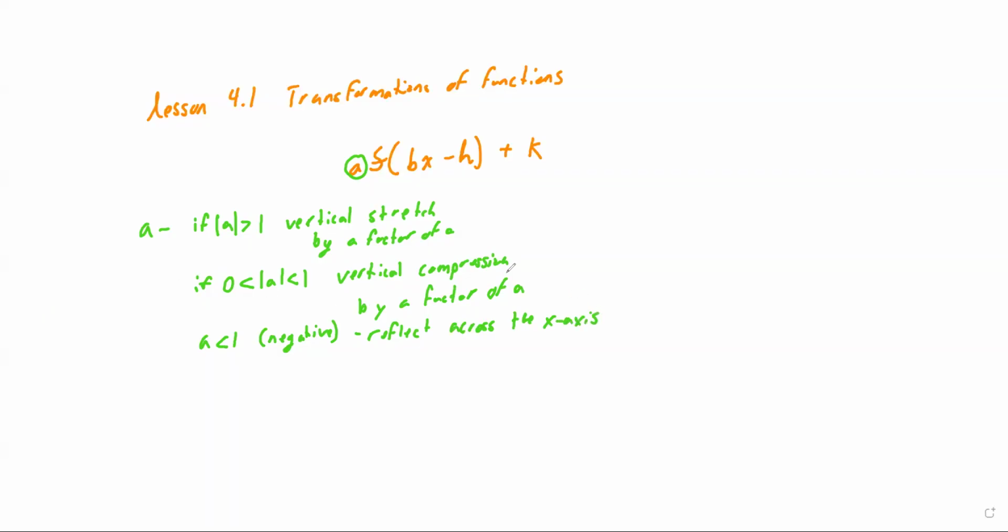So that's everything that A can do. It does your vertical stretching, compression, and reflection across the x-axis.